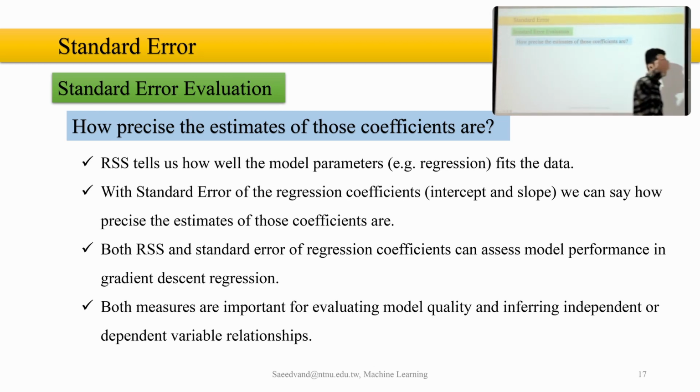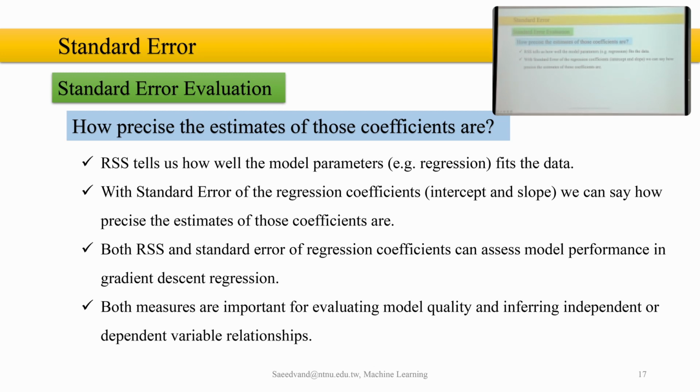So what are the coefficients? Intercept and slope. The coefficients we defined as intercept and the slope in the linear regression model. So we want to answer the question of how precise the estimation of those is. RSS tells us how well model parameters, for example regression, fit the data.